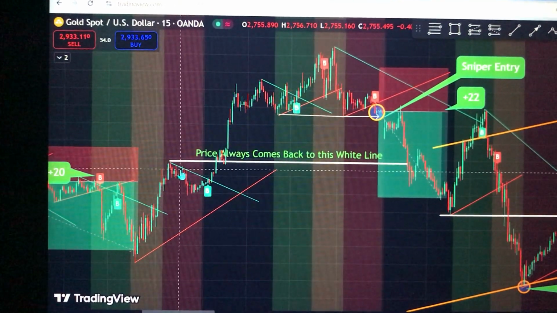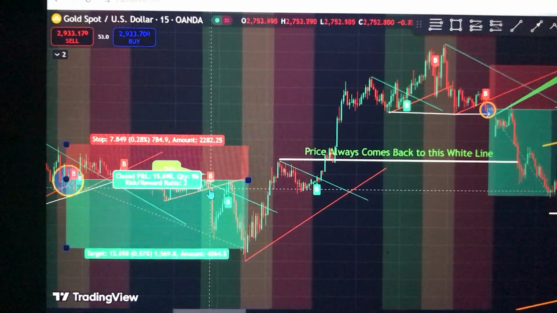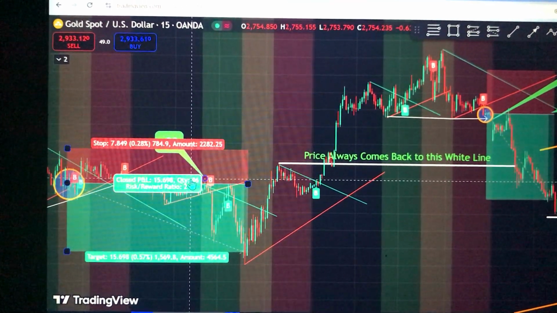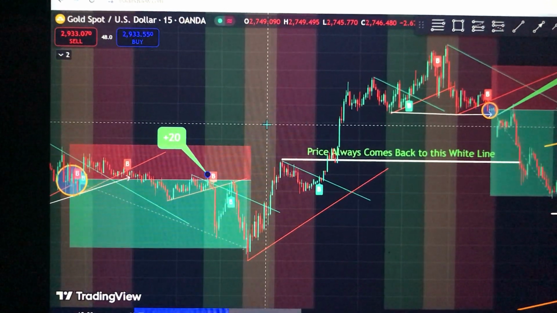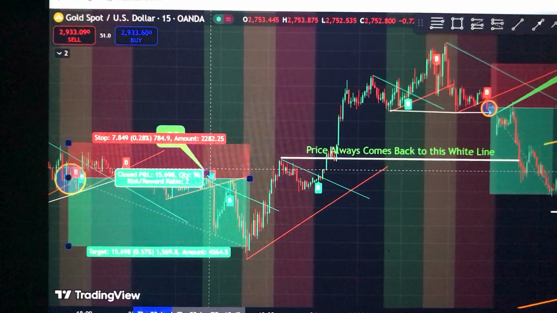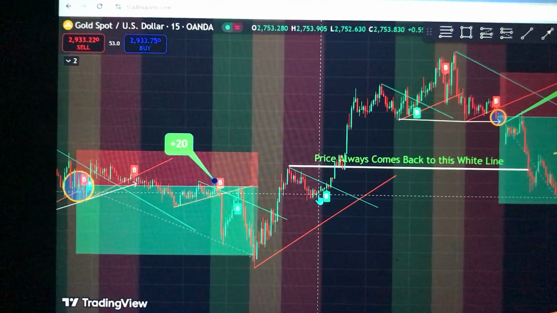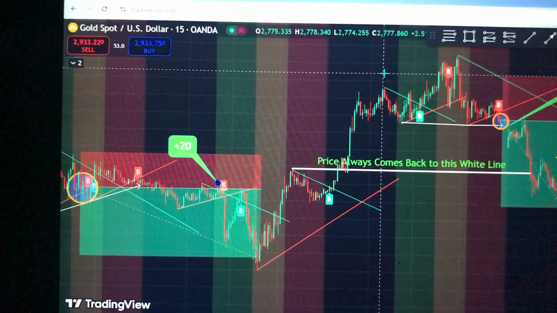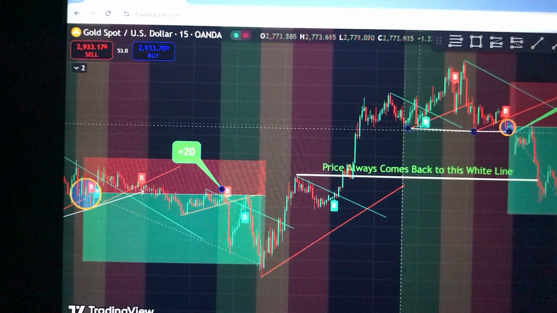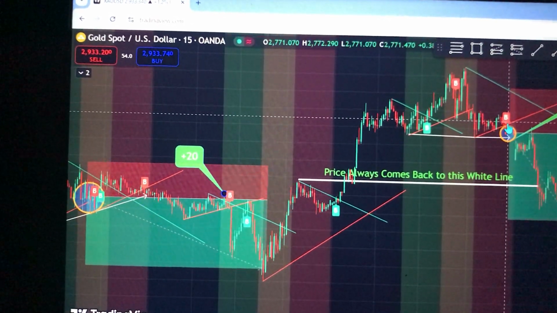Price gave us this high, because you can see here is the first higher high, and then this was the higher high, the second higher high, or it was a change of character here, and then after giving us this high, it came and broke to the upside, and after breaking to the upside, it gave us a lower high, and then gave us a second lower high, and then came and broke here.